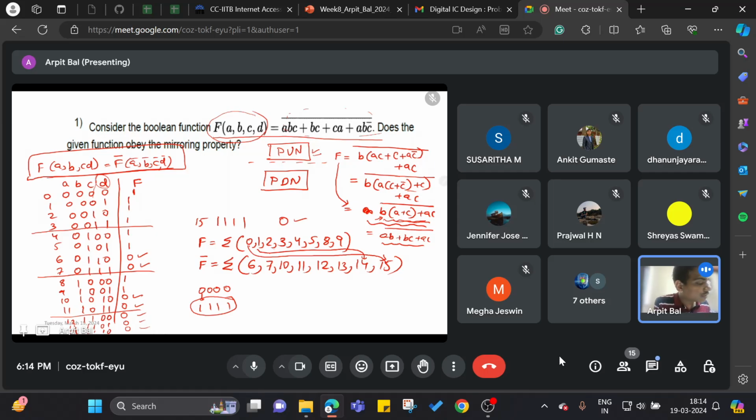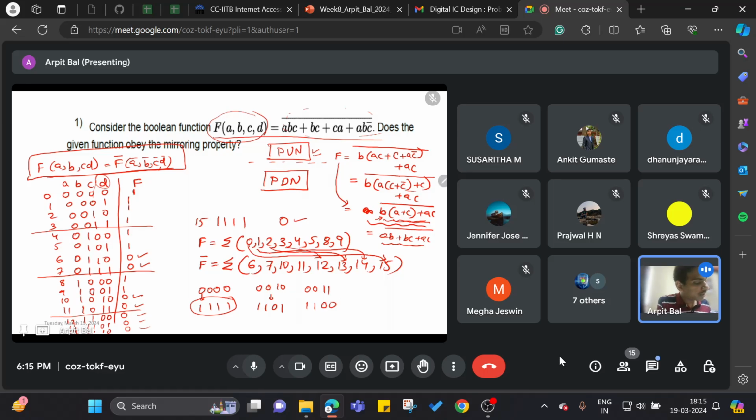Same thing you do with 2, and that will translate to 13. Same thing you do with 3, and 3 will be 12.